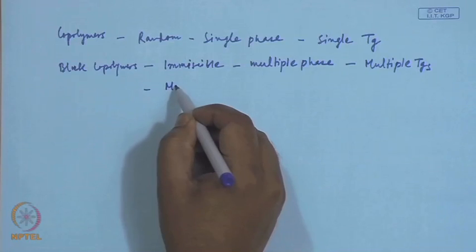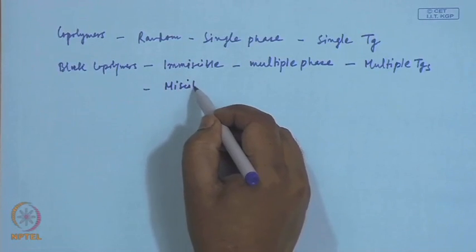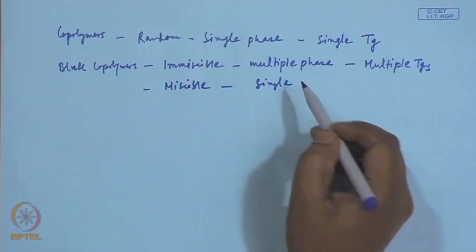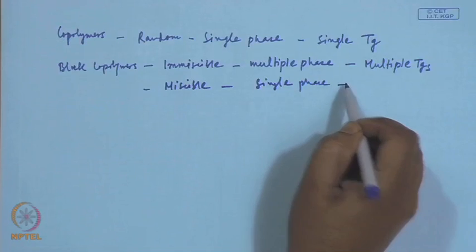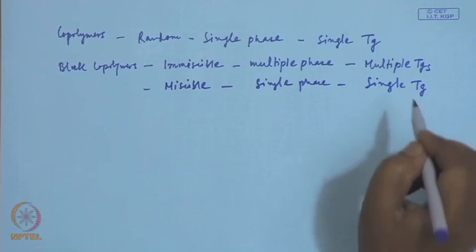So you have to keep in mind that if you take a small block, then Tg will be lower compared to a homopolymer which has a higher molecular weight. If the two blocks are miscible, then obviously you are going to get a single phase, which will give us a single Tg.